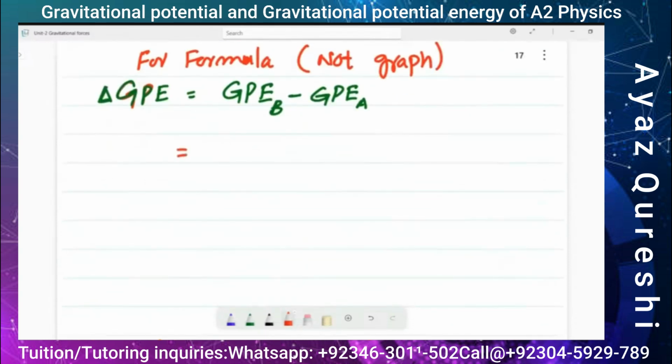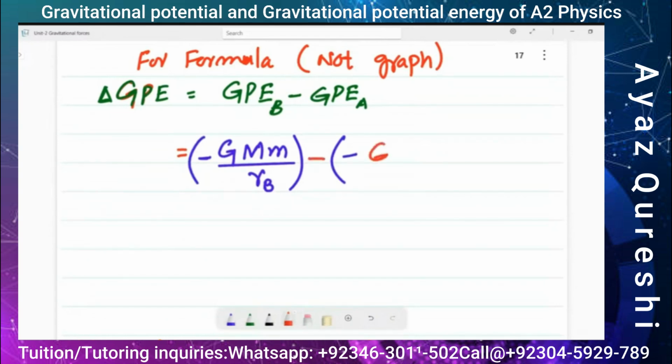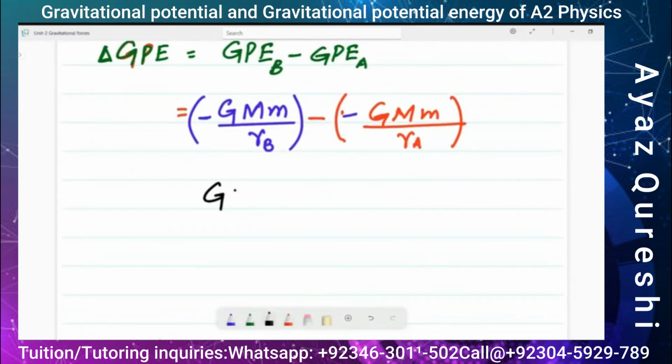So for this purpose I will simply put that this is negative GMm divided by R at B with a negative sign. The minus sign is this, I am writing both signs separately. Then negative, this is the sign of the formula, then negative GMm divided by R at A. GMm is common, and you will write 1 upon RB with a negative sign plus 1 upon RA with a positive sign.